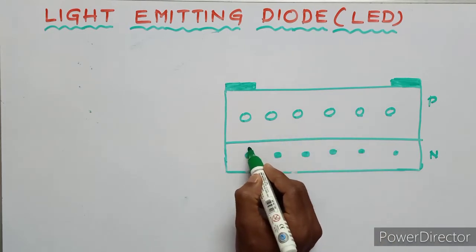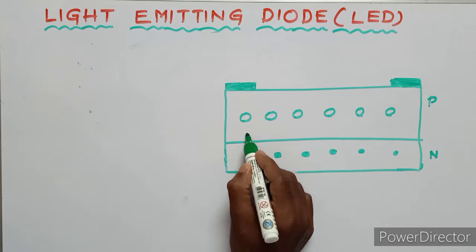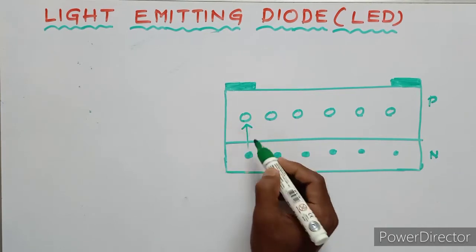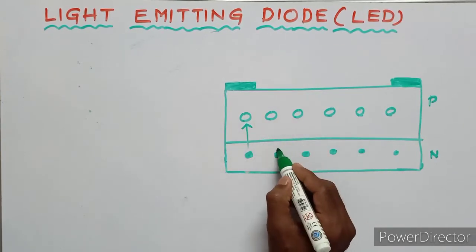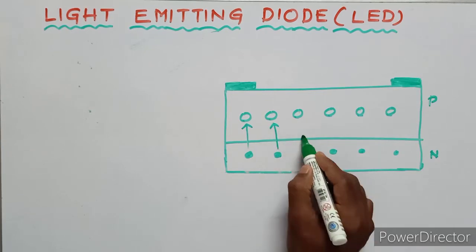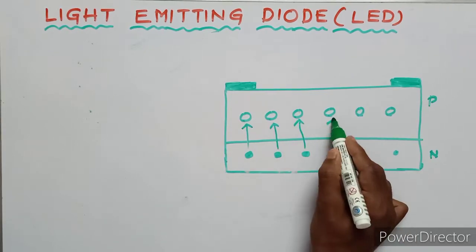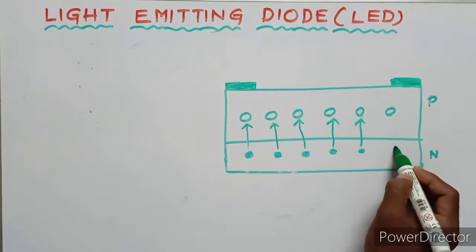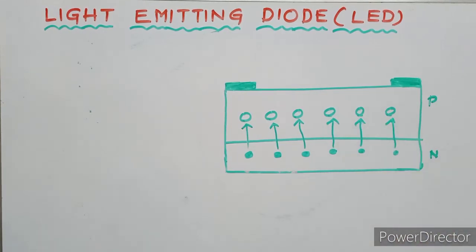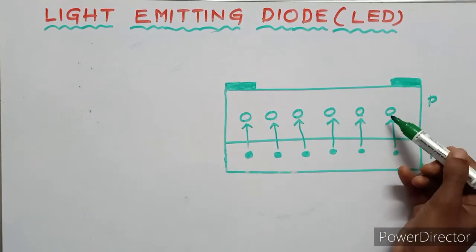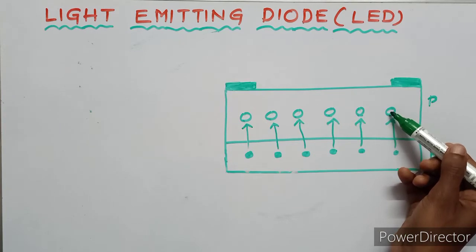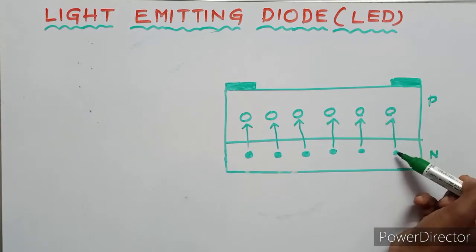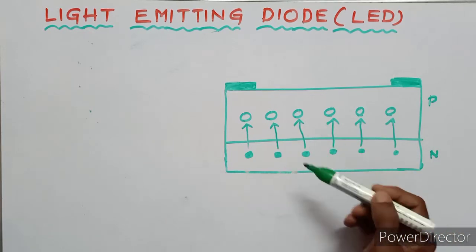So the electron jumps towards the hole, and the same way the hole jumps towards the free electron, vice versa.